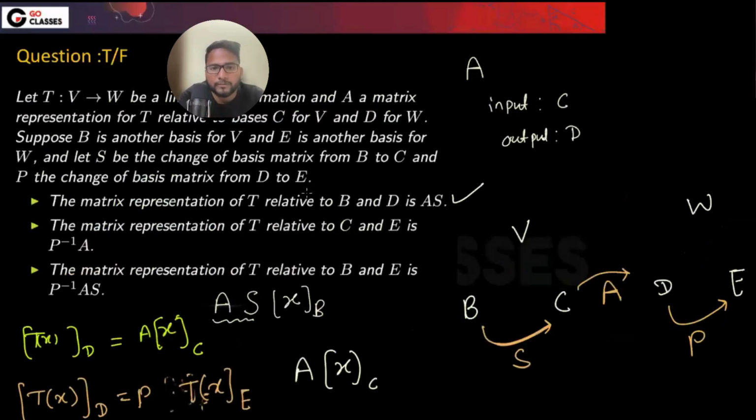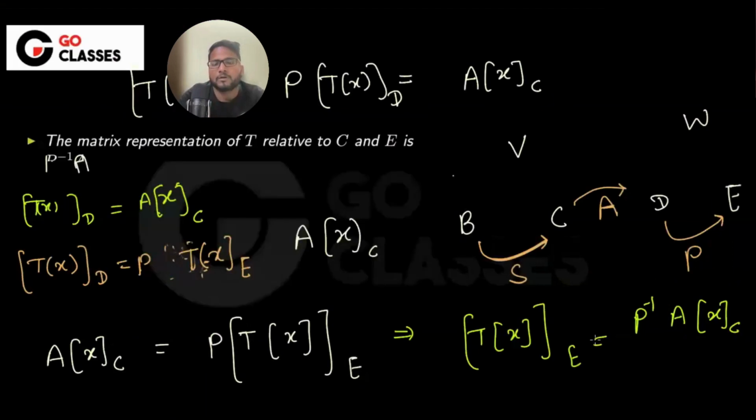No, P is D to E. P is a change of basis matrix from D to E. Okay, so mathematically that is correct. No, no, your calculation is correct. If the transformed vector is in D, and this, let's suppose, is the transformed vector in E, you multiply by P like this. Oh, sorry, you multiplied P here.